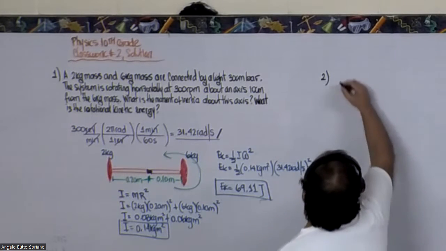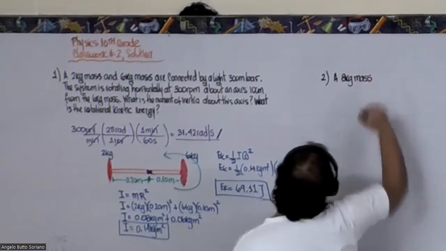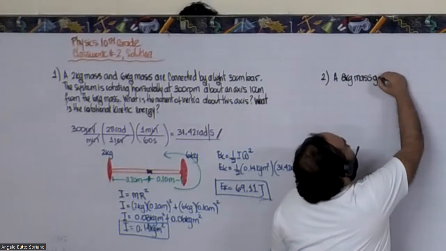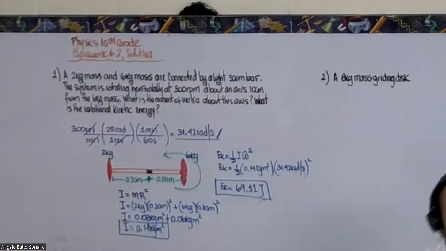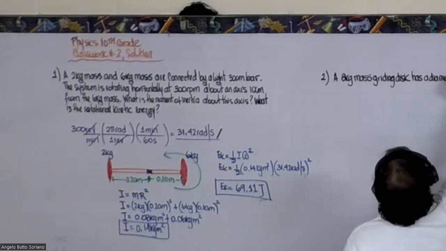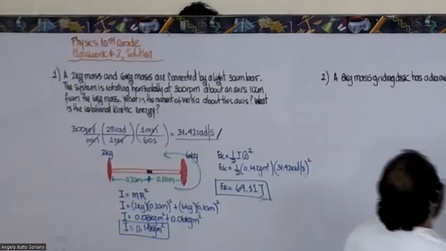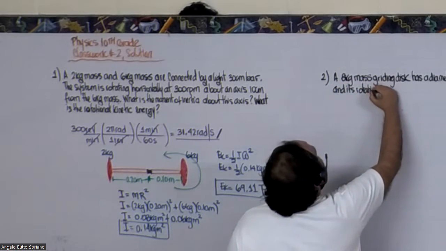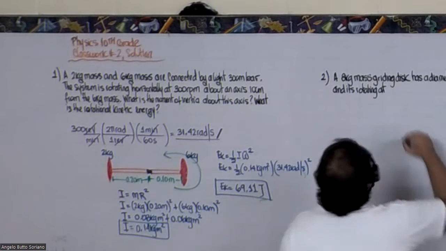An 8 kilograms mass has a diameter of 60 centimeters and is rotating at 600 revolutions per minute.